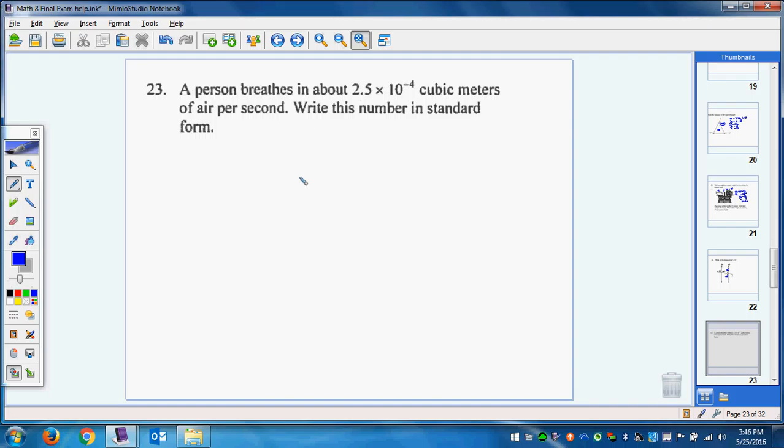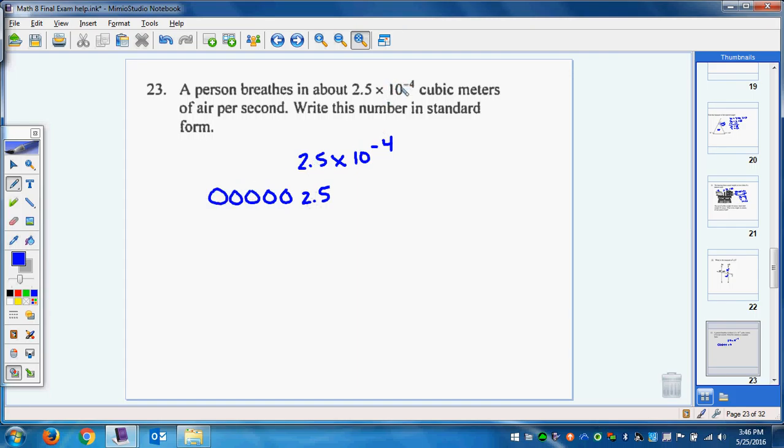All right, write it in standard form. We've done this recently. So 2.5 times 10 to the negative 4th. Now remember, negative exponent means small number, so I put a bunch of zeros in the front. Actually, I want to put it down here. I'm going to write my 2.5 with a bunch of zeros in the front.